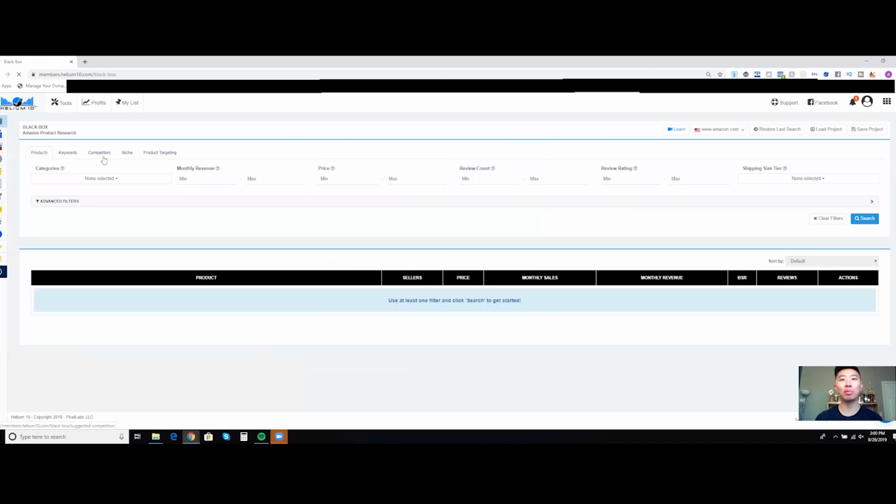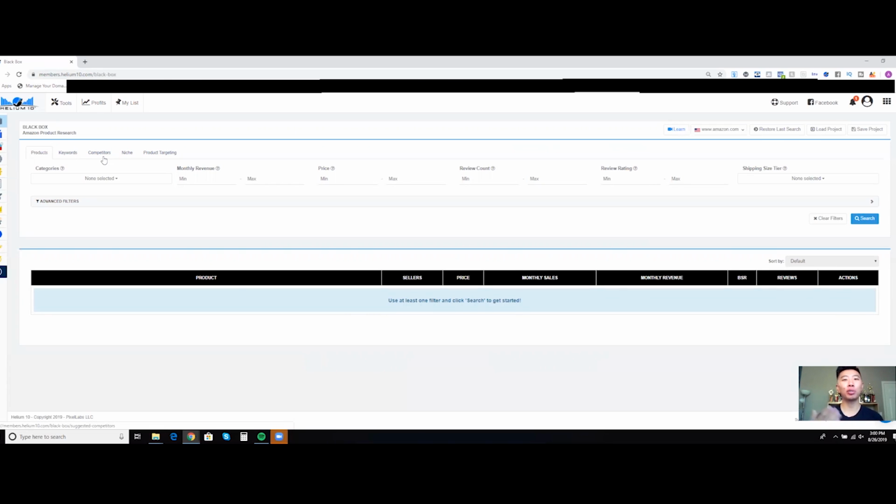Black Box is Helium10's Amazon research tool. Now you may be thinking, there are so many products to sell on Amazon, how do I even narrow it down to one product that I want to sell? Helium10 does an amazing job of helping you filter that.